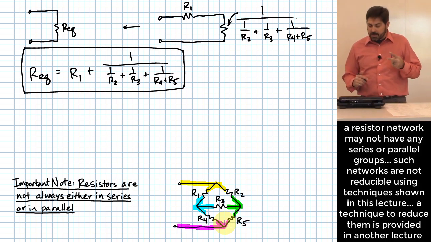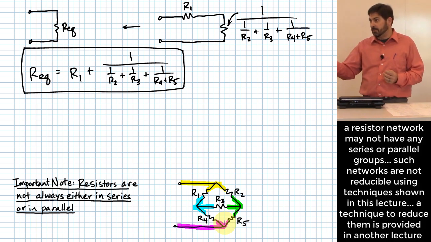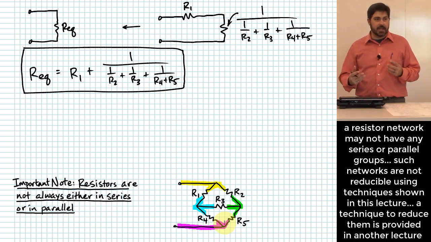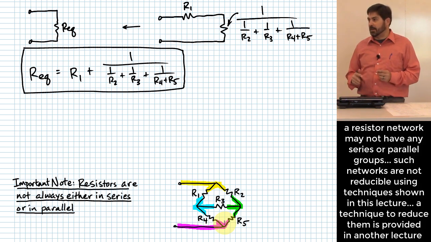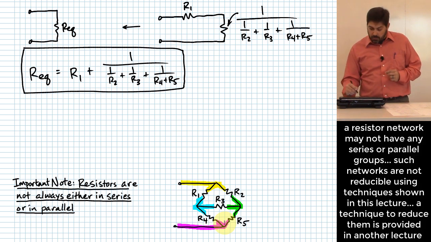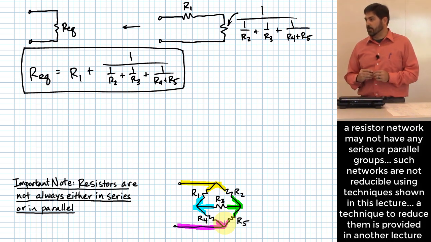Looks like R1 connects from yellow to aqua, and R2 connects from yellow to green. So you can look through this circuit as much as you want. You won't find any circuit elements that connect across the same two nodes. Therefore, using the techniques of series and parallel I just showed you, I can't reduce that circuit any further.